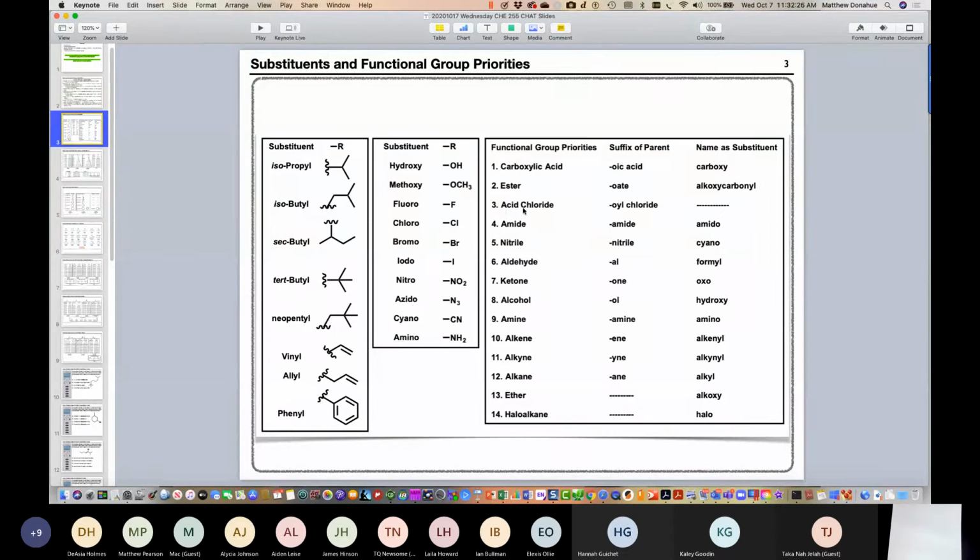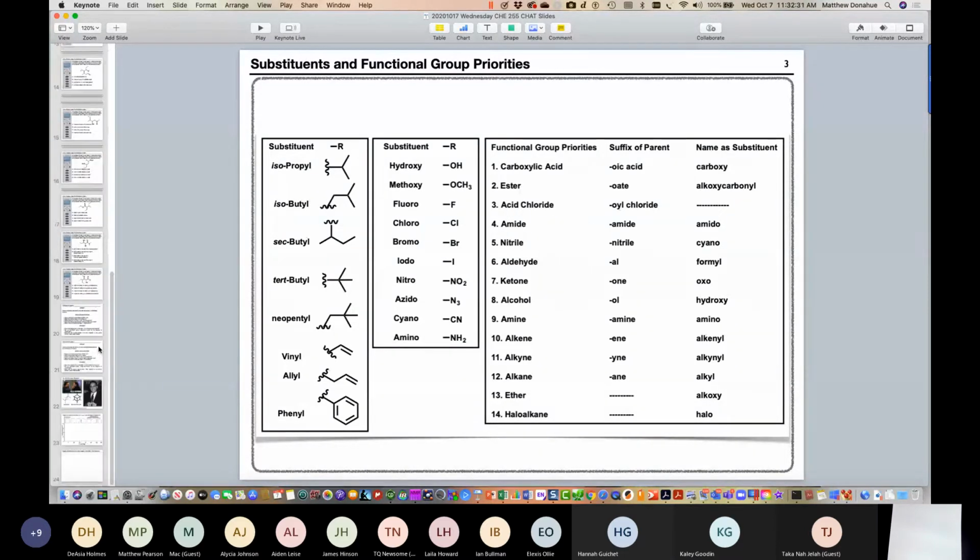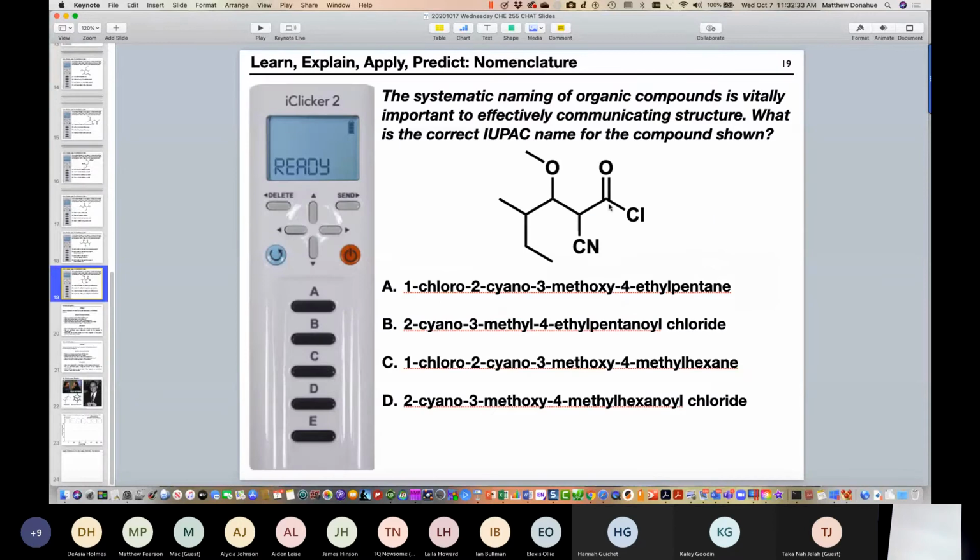Because this has greater priority, that alters the parent name. So this is going to be named as an acid chloride. So given that information, what do you think the correct answer for this one is?